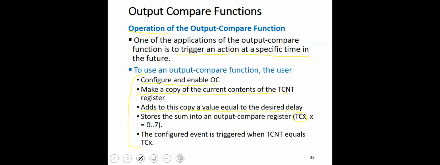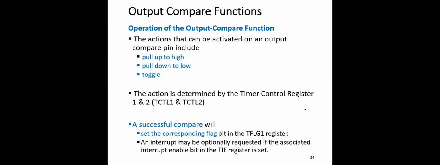occurs. When the value in the counter register equals the value in the capture register, some event is triggered on the pin, and the microcontroller can be interrupted if you enable the interrupt. We said that on the pin you can pull it high, pull it low, or toggle it. In order to specify what happens on equality, when the counter equals the capture register, you need to use these two registers.